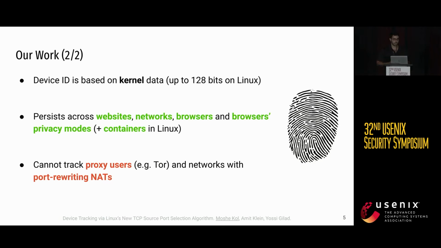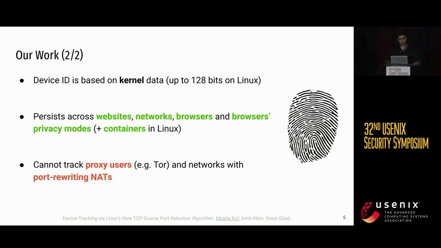And this device ID that we extract is based on kernel data, which is up to 128 bits on Linux. It persists across websites, networks, browsers and browsers privacy modes, and even containers in Linux.